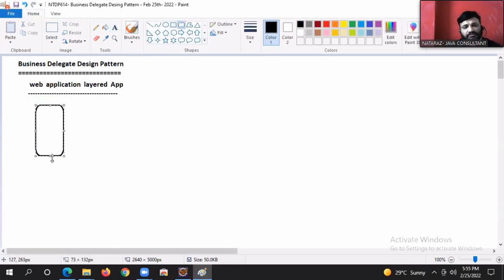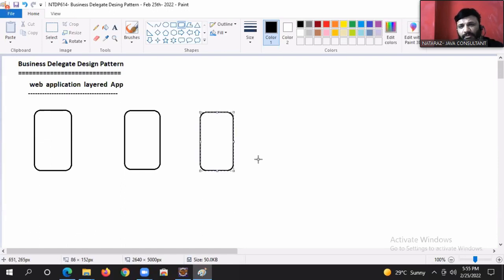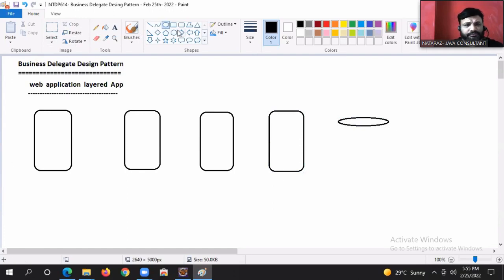There will be a view component, a presentation controller, a business delegate, a DAO, and database software.